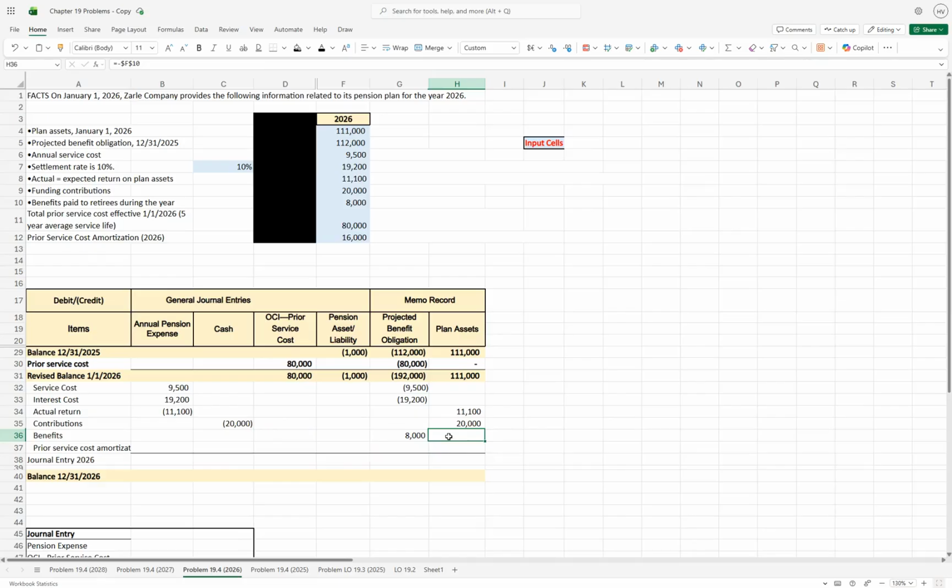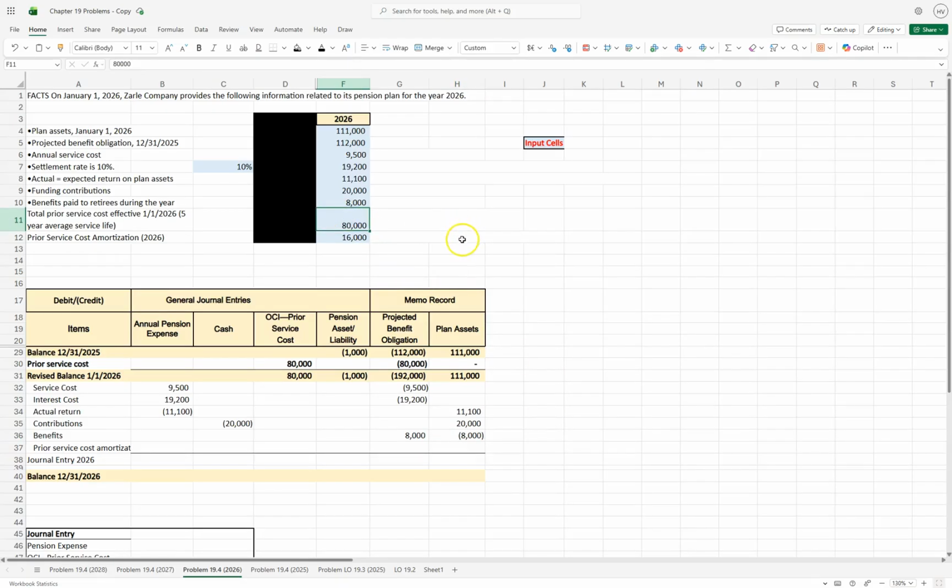We're actually paying it with the plan asset funds, which is held in a different legal entity. And so for corporate accounting purposes, the entry when a benefit is paid is debit the PBO, and then we reduce our plan assets by the same amount. So credit plan assets. The legal entity, the plan assets, will actually pay out the cash to the retirees.